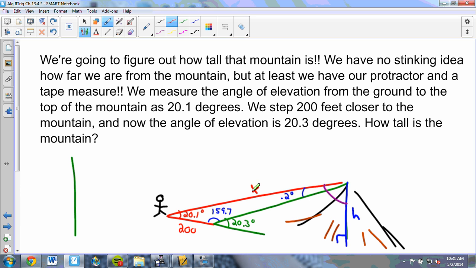Tyler, go ahead. You do the law of sines now and find it. So I know that the sine of 0.2 over 200 equals the sine of 159.7 over x.